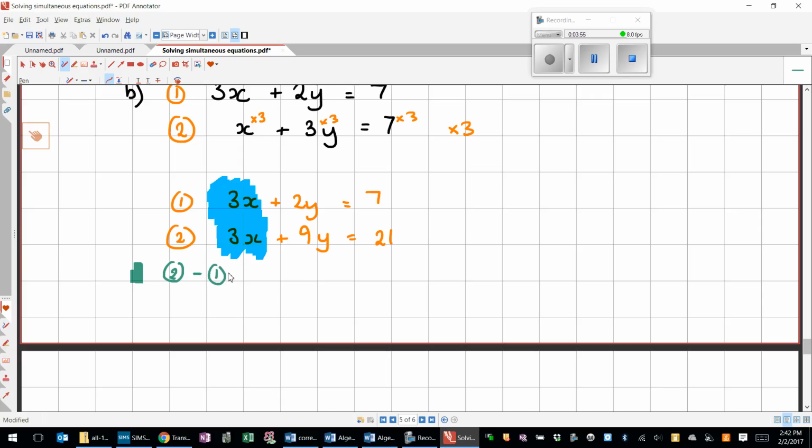So 2 take away 1. So 3x take away 3x, going that way. 3x take away 3x is nothing, which is perfect. 9y take away 2y, 7y's, and 21 take away 7, 14. So I'm left with now 7y's is 14. So y equals 2.